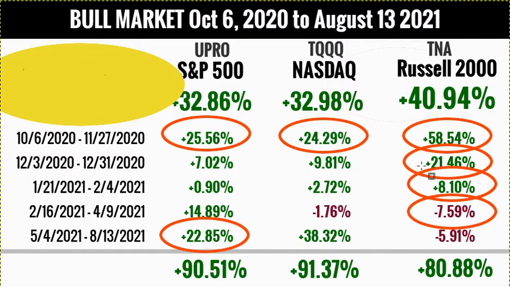TNA again did the best with 21%, so we're going to use it again in the next one. And then in this time, it returned 8.10, which is still the best return, so we're going to do it for the next one. And then in this one, it came out as the worst return, and UPRO was the better return. So now in the next alert for TNA to go to the upside, we're going to use UPRO instead.